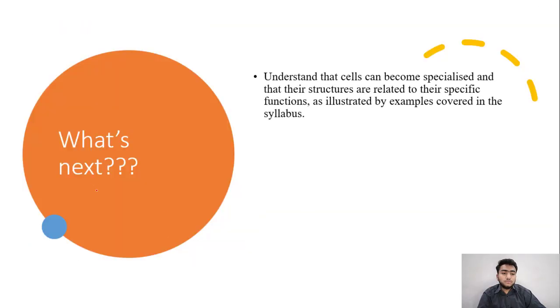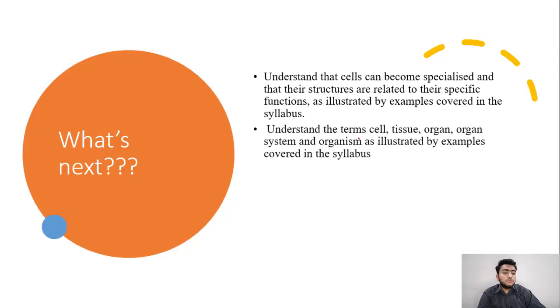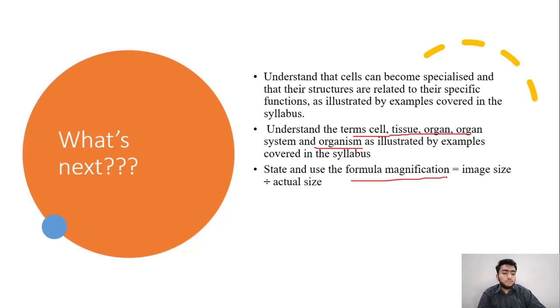So that was what we were supposed to cover from that part of your syllabus, and in the next lecture we'll see how human cells and other living organisms are organized, and we'll see the terms cell, tissue, organ, system and organism, and we'll be using a formula of magnification that we'll see in detail in the next lecture as well.